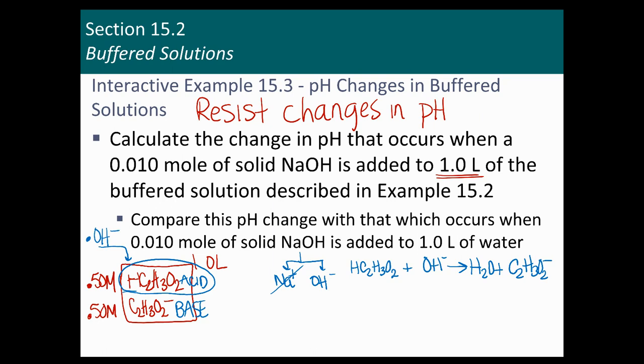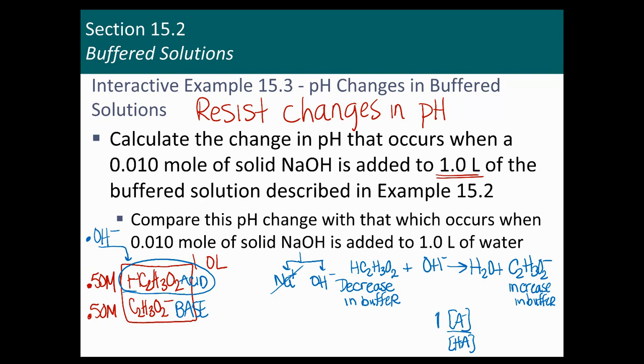And what you're going to now see is that acetic acid is reacting. So acetic acid is going to decrease in the buffer, and acetate is going to increase. So if you think about the ratio in Henderson-Hasselbalch, this ratio is going to change, right?